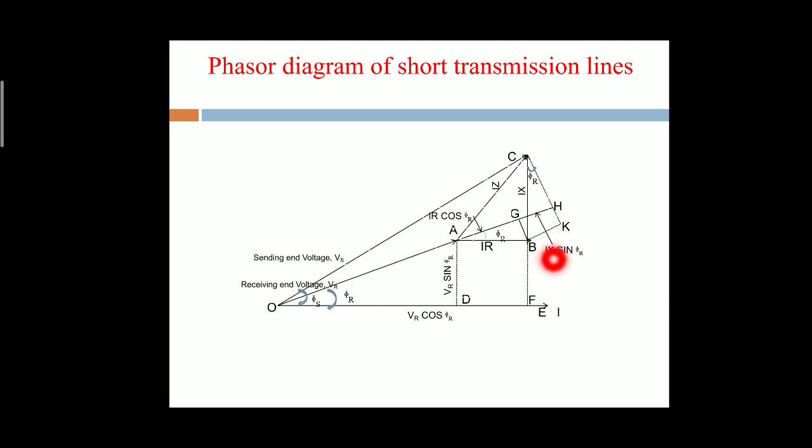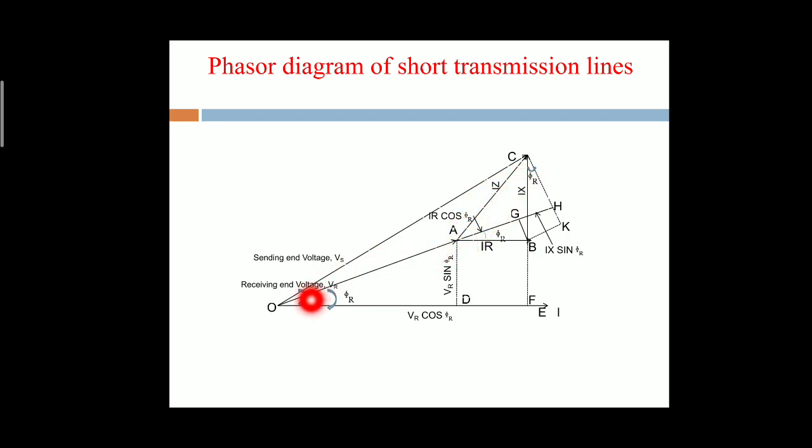If there are no parameters, then the sending end voltage is equal to the receiving end voltage. But in a transmission line, due to the resistance and inductive parameters, we obtain this impedance drop.